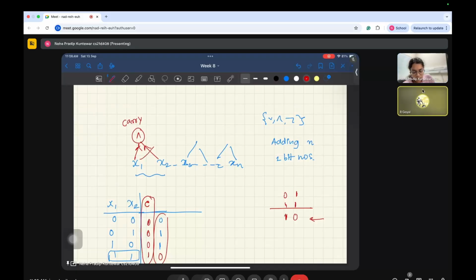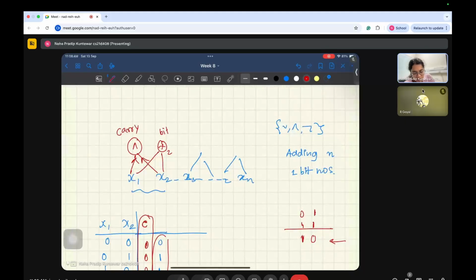We know that parity can be written in terms of AND or negation. So this is our first bit, and like you said, we'll do the parallelization. I'll call this C1 B1. This is the first carry bit, second carry bit. This is C2 B2, and so on.